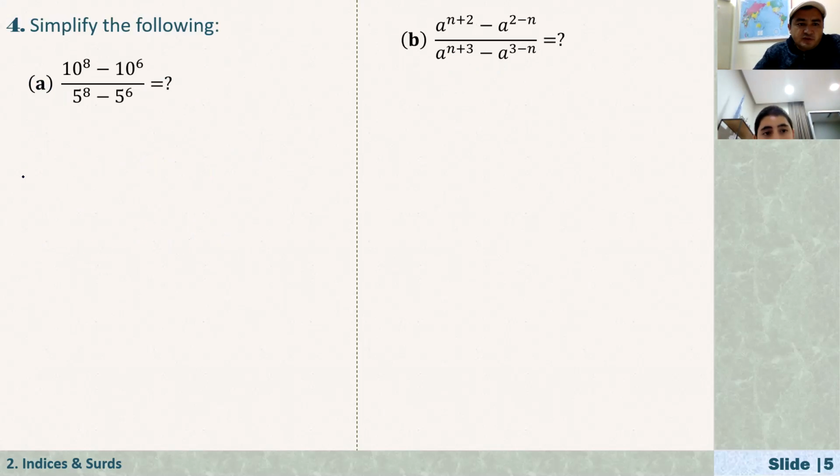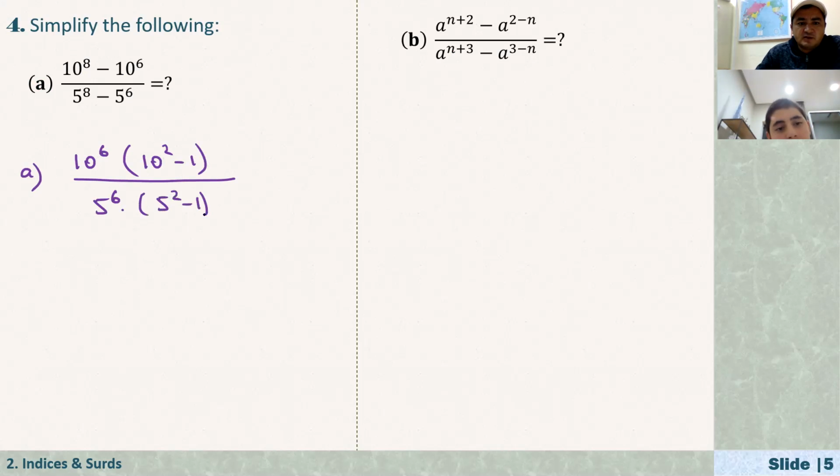Okay, how did you do this question? This one is 2 to the power of 8 times 5 to the power of 8 in the bracket minus 2 to the power of 6 multiplied by. If you write like this, it will be much easier. What is a common factor here? 10 to the power of 6, right? So here we have 10 squared minus 1. How about here? 5 to the power of 6 is the common factor. 5 squared minus 1.